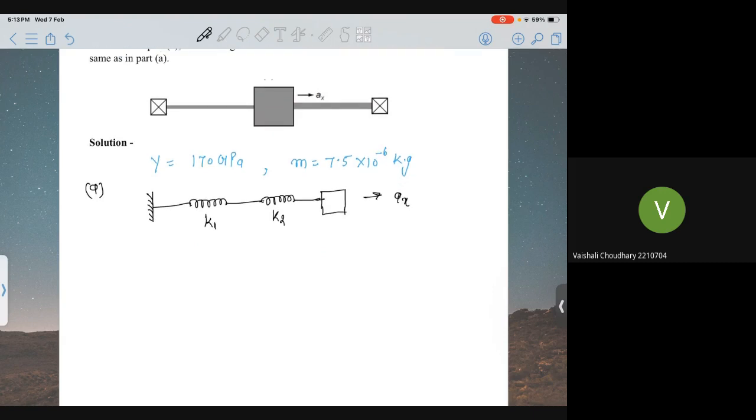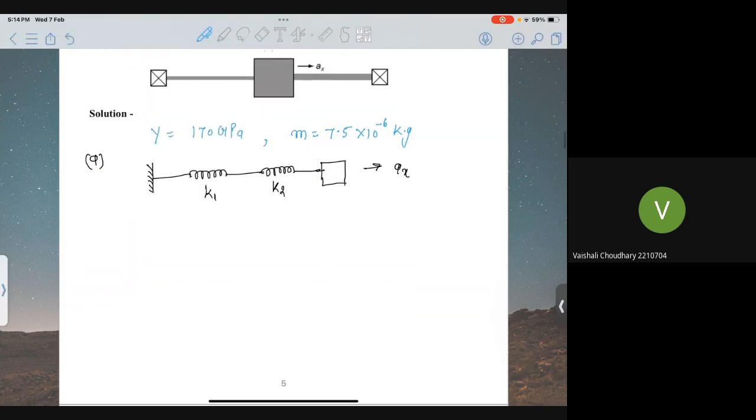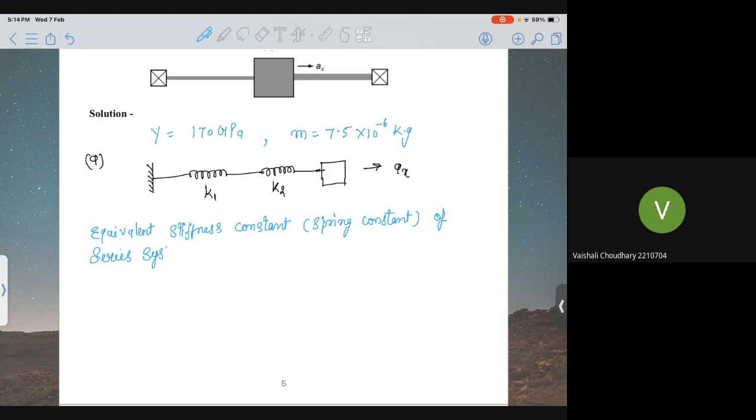Okay, so we have learned that in a series system the equivalent stiffness constant or spring constant is 1 upon K equivalent is 1 by K1 plus 1 by K2.